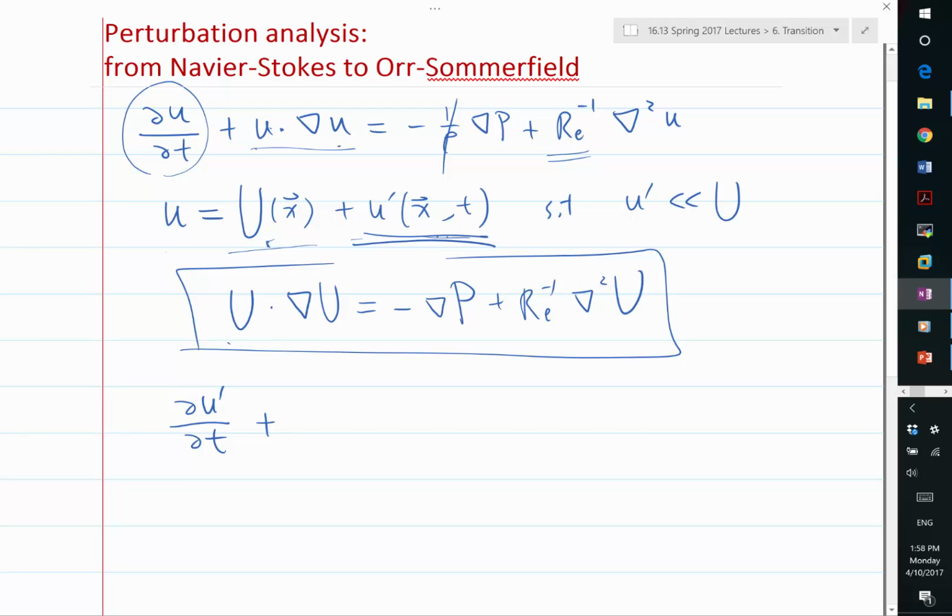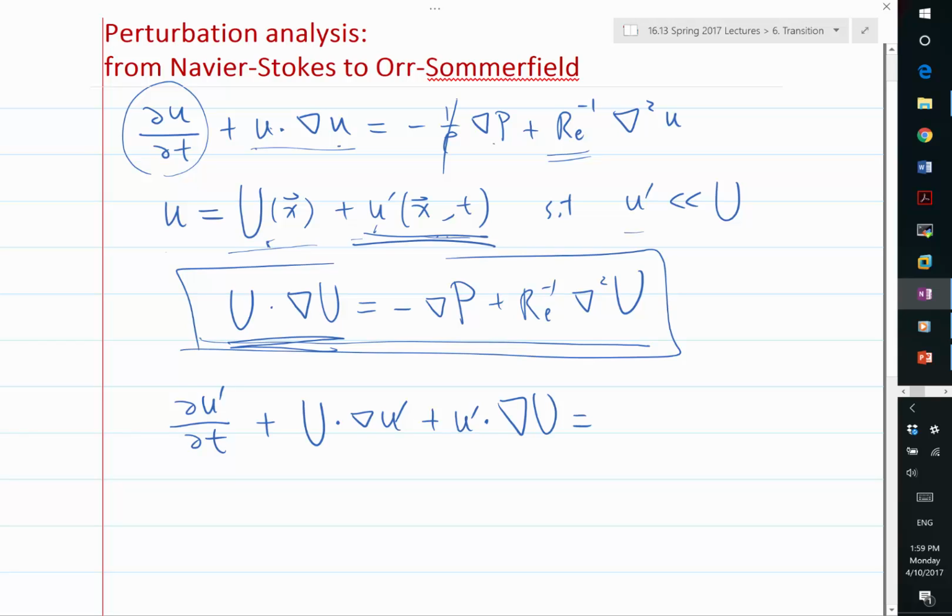The first term is simply this, right? And we're going to cancel all of this using the steady state equation. And the fourth term, the interaction between u prime and u prime itself, can be ignored because u prime is very small. What is left is the middle 2 terms. One term is big U dot grad u prime. The second term is u prime dot grad of big U. Okay.